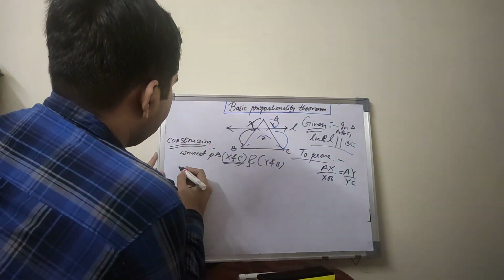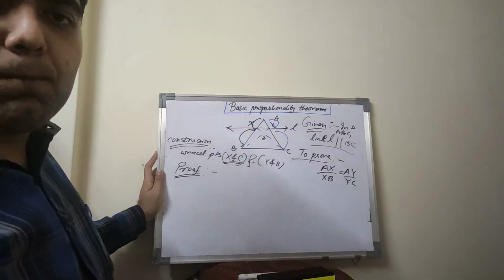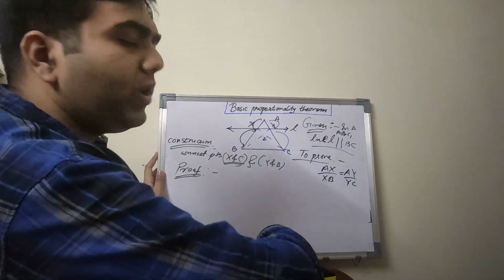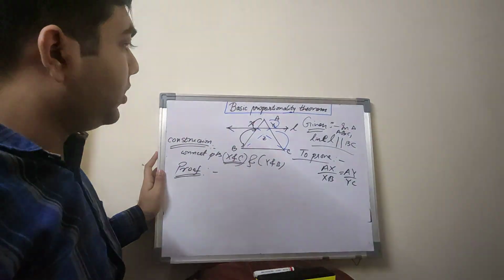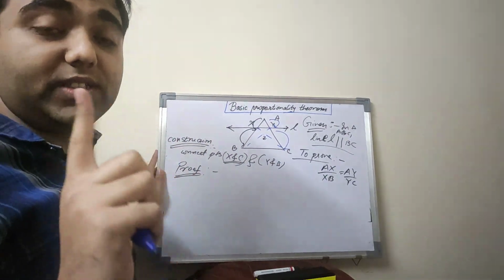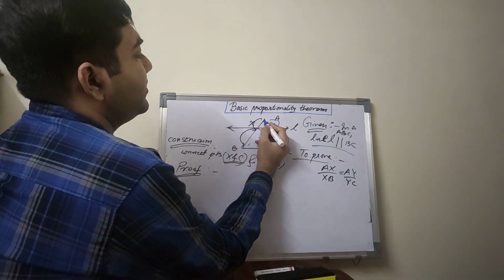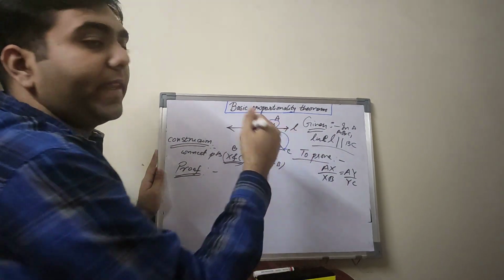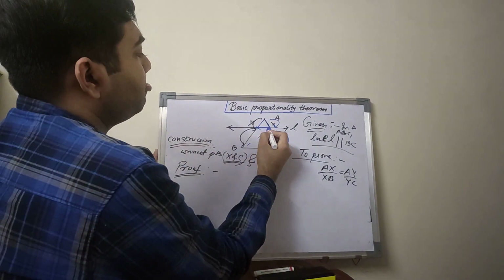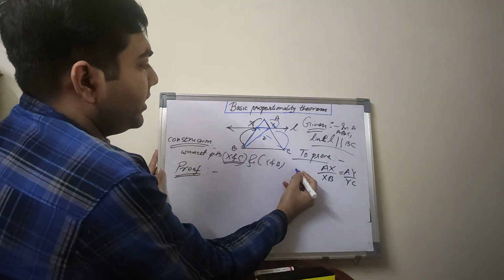And this will be our start of the proof. Okay. I am going to highlight the triangles involved. The first pair, that is the first two triangles I am going to take, are these. AYX and XYB. I am going to highlight here.